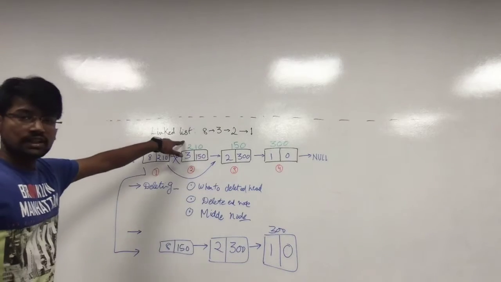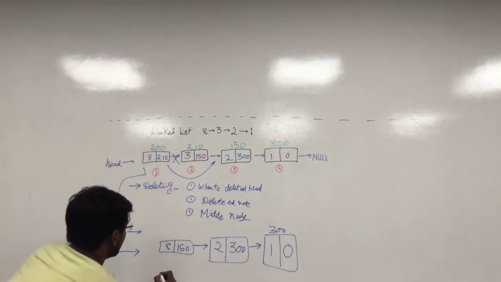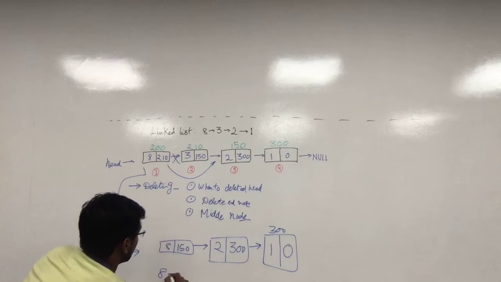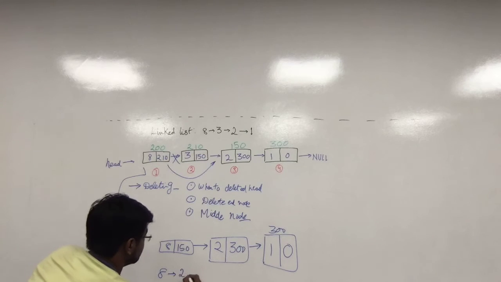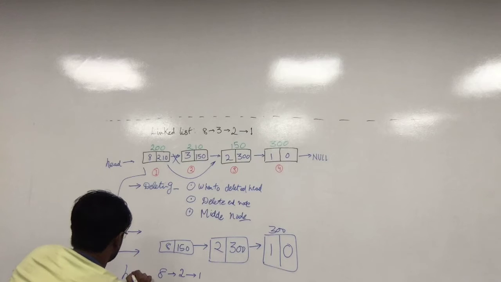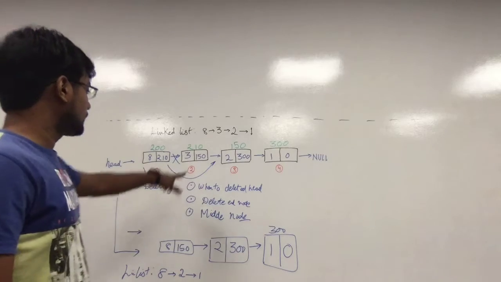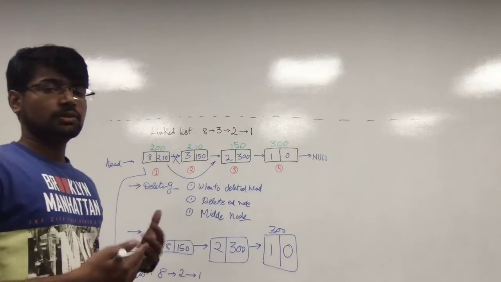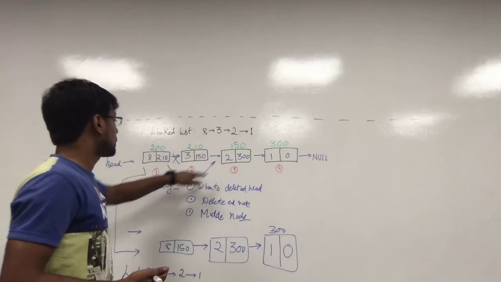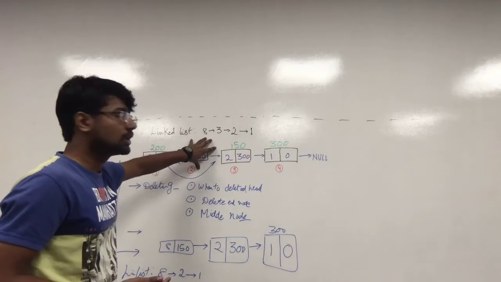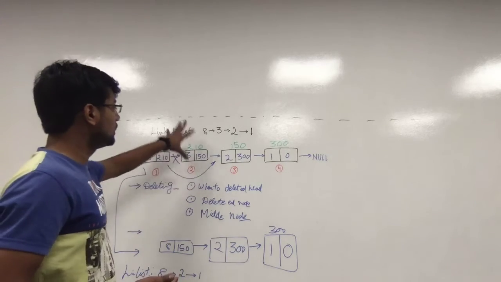So when you print this linked list the next time, you will have these elements, because we deleted this particular node. If you're using Python, then Python memory management is so efficient that it will automatically deallocate this particular memory location the moment you dereference it.